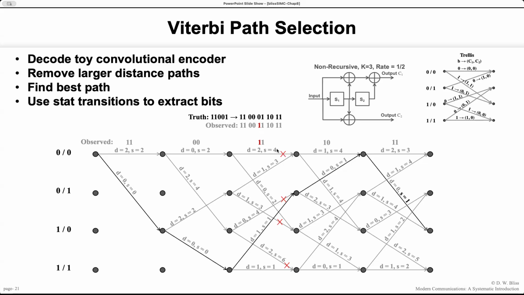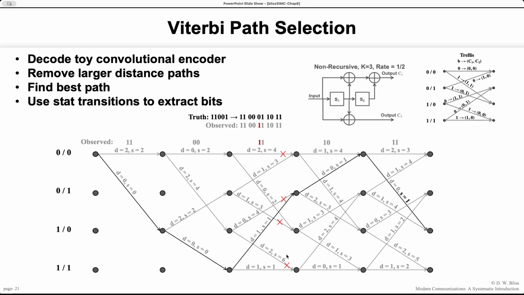Well, we will never care about the one with the larger sum because we will always follow the path of the lower sum, and the larger sum will never be picked. So we can throw away that path, and you see the little red X there indicating the path that we're going to throw away. On each one of these cases, when we have multiple entries into these nodes, one of the paths we just throw away.